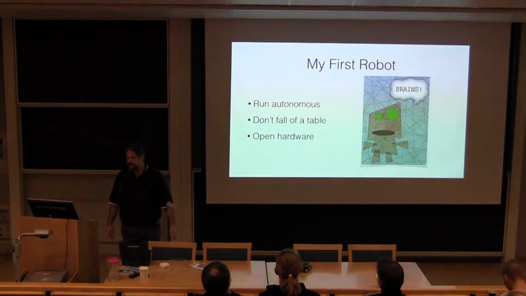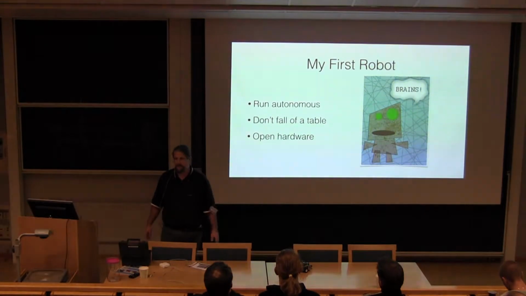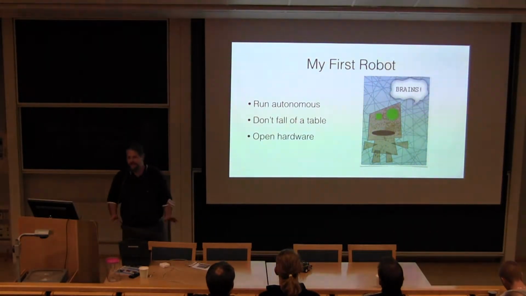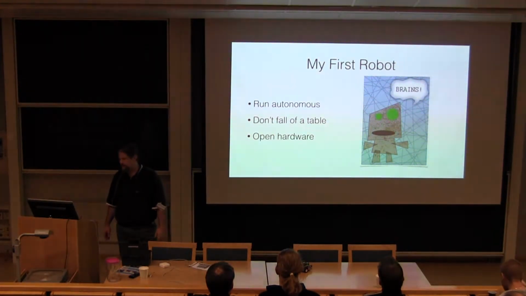It should work by itself, because I thought that was a good idea. The easy design goal is it should run around and not fall off the table. That's all the goals for what it was supposed to do. And it was to be built using open hardware as much as possible.